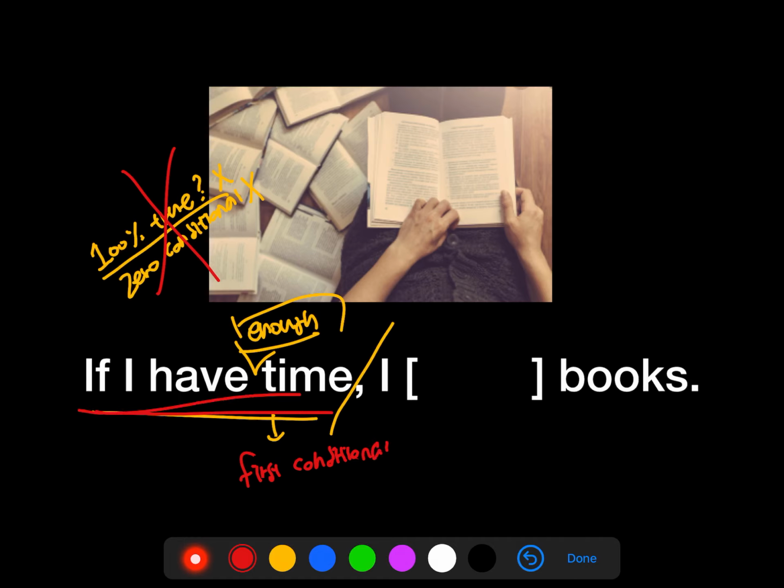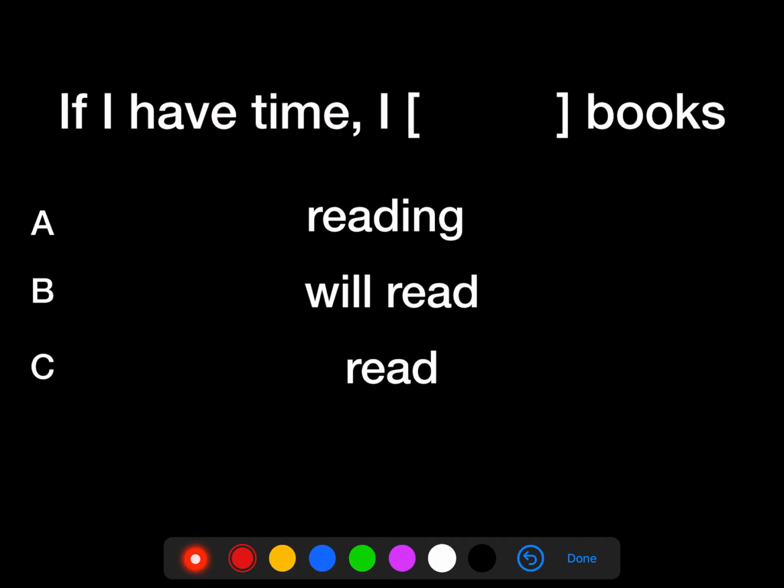So it's possible to have enough time. Then how can we structure the sentence? If, subject, have, base verb, and then subject, will, the modal verb, and then maybe something. Let's have a look at the answers. A, if I have time, I reading books. B, if I have time, I will read books.